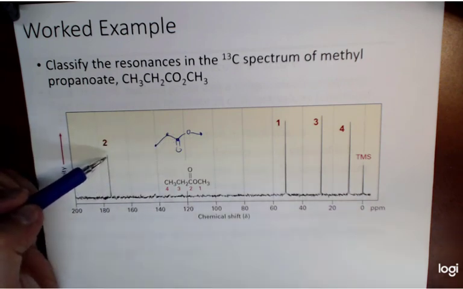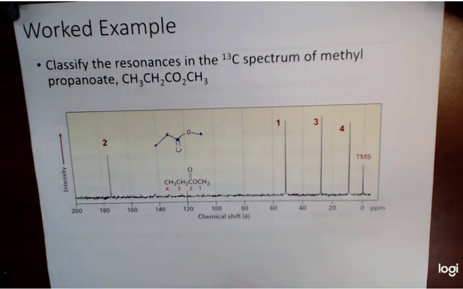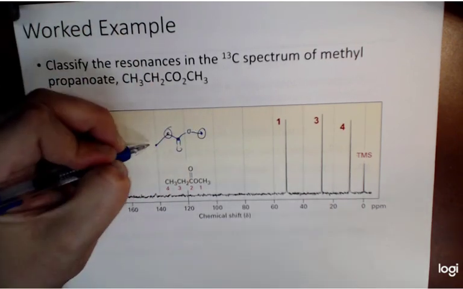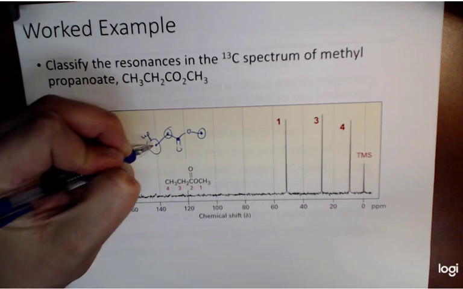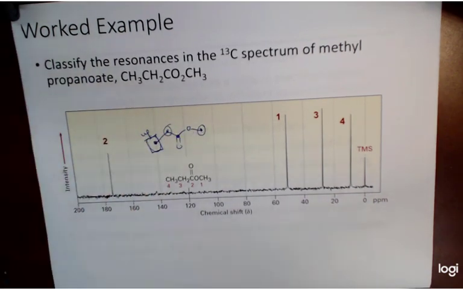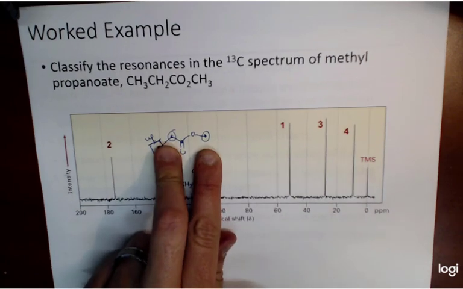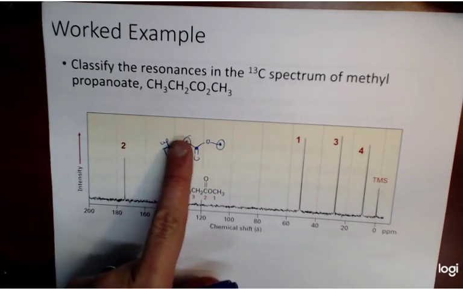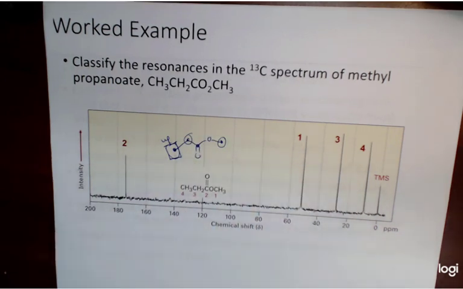Then it's either going to be this one or this one that's next, but that one's definitely going to be the most upfield. And these two are going to be in the middle somewhere. So 1 and 3, the 2 that I circled, are kind of in the middle.